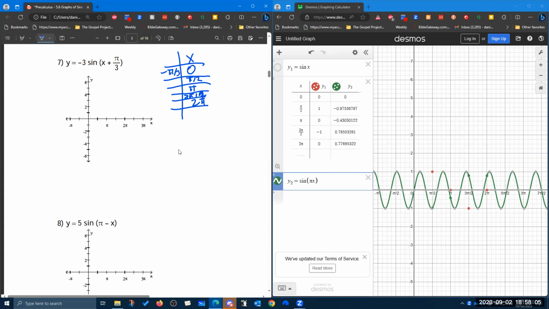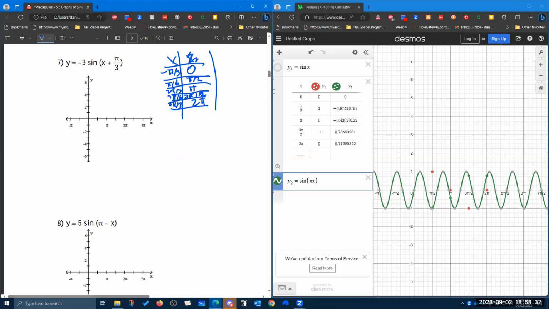So pi over 3 is a negative 2 pi over 6. 2 pi over 3. This is 7 pi over 6. And this is going to be 5 pi over 3. All right, so there's my new x's.